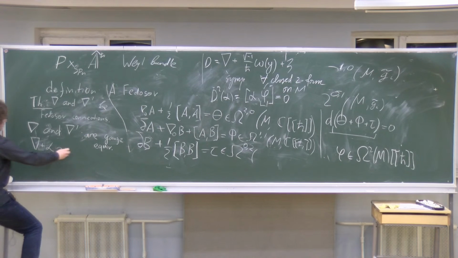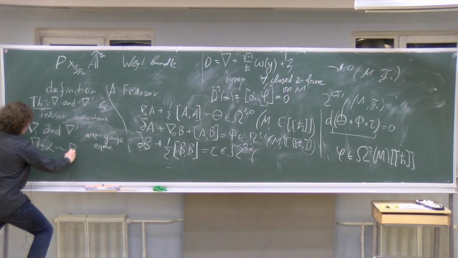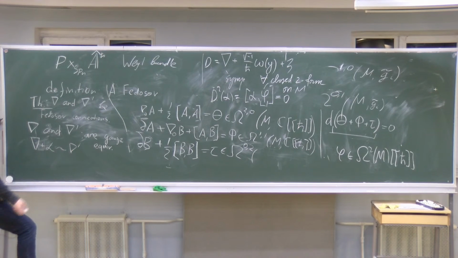So if they are gauge equivalent, then and only then their curvature classes coincide.